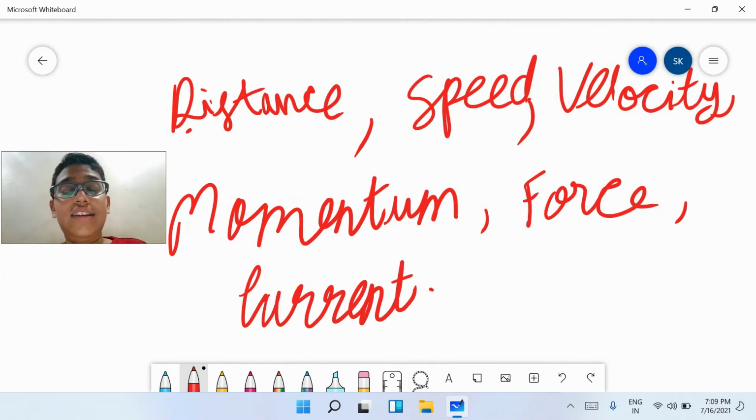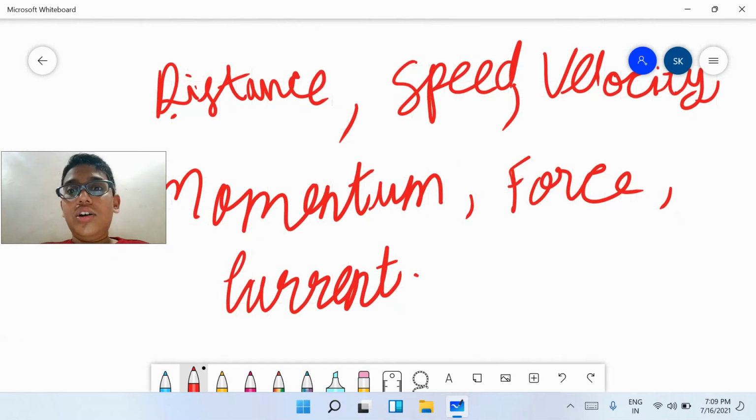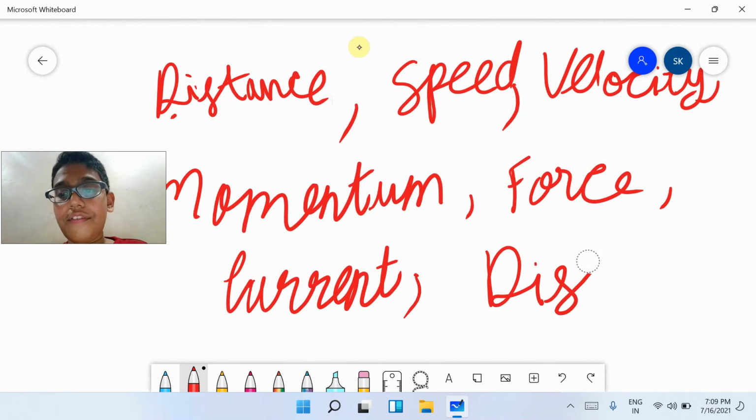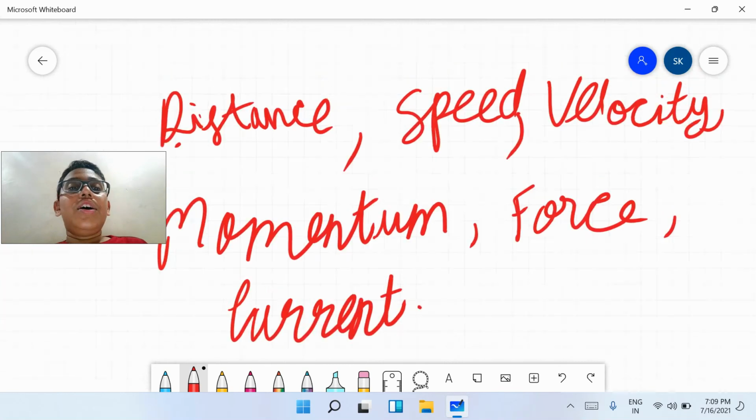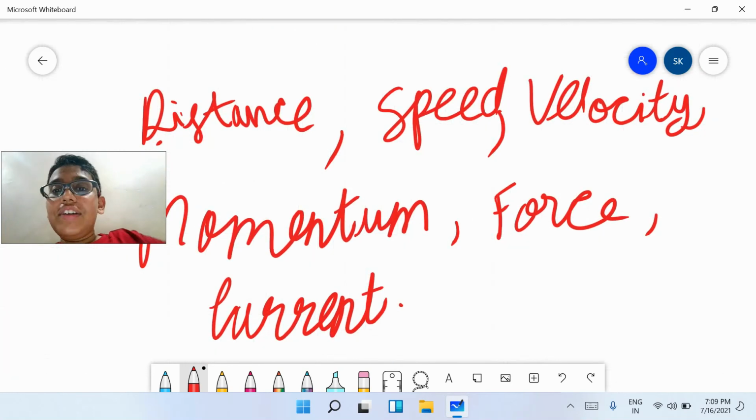Now first let's classify them. So let's take one more quantity, which is distance. Oh, we have taken it. So here, identify which are vectors and which are scalars.